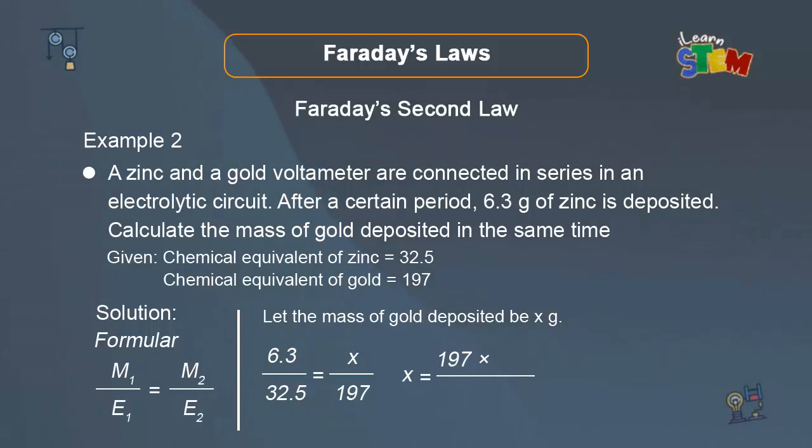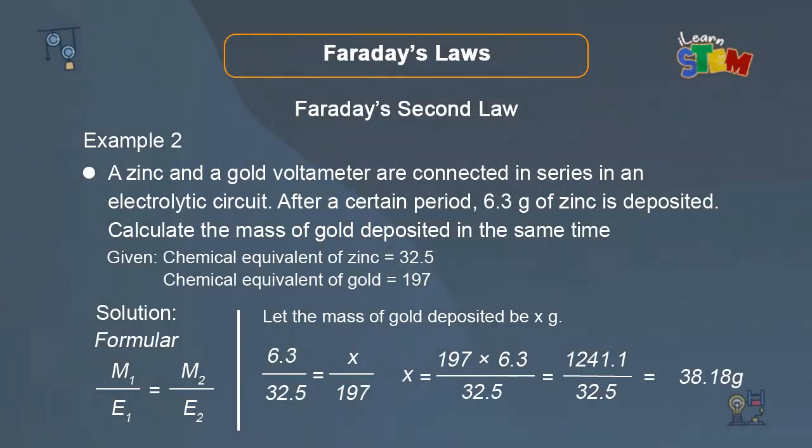X equals 197 multiplied by 6.3, then divided by 32.5. This gives X equals 1241.1 divided by 32.5, which equals approximately 38.18 grams. So the mass of gold deposited is about 38.18 grams.